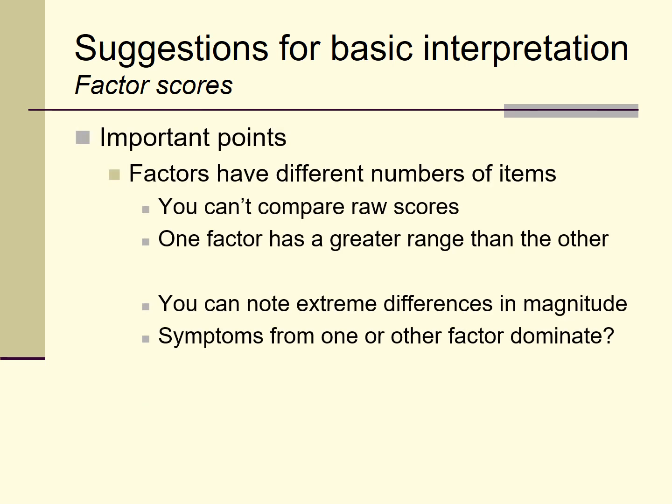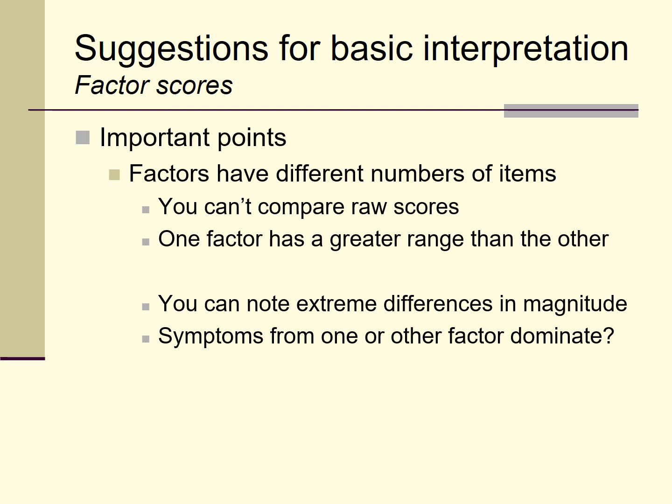A couple more important points. Note, of course, that the factors have different numbers of items, so you can't really compare raw scores, because the cognitive affective or affective somatic factor, depending on the solution we're looking at, will always have more items, so a greater maximum value is possible than whatever the other factor is.